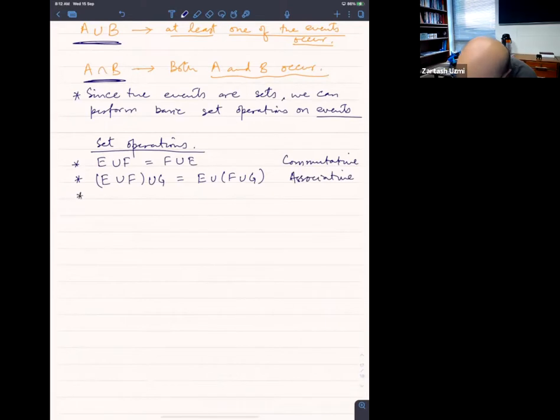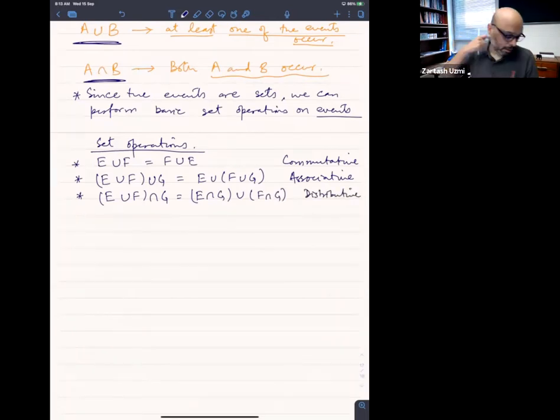There is another property which is called the distributive law or distributive property, which is E union F intersection G is equal to E intersection G union F intersection G. This is called the distributive property.